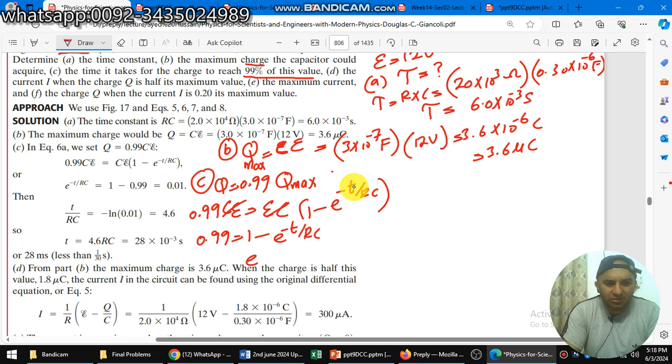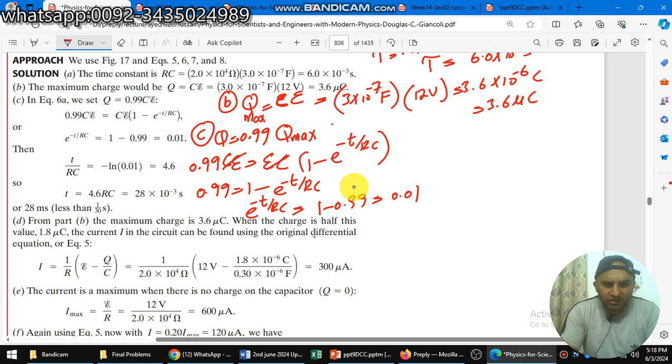So e to the power minus t over RC is equal to 1 minus 0.99, and 1 minus 0.99 gives us 0.01. So we take the logarithm: log of e to the power minus t over RC is equal to log of 0.01.